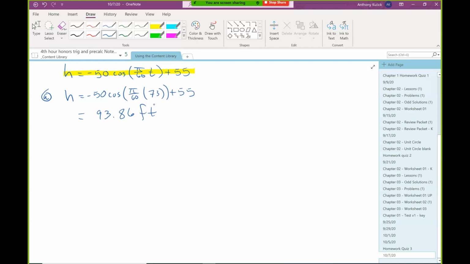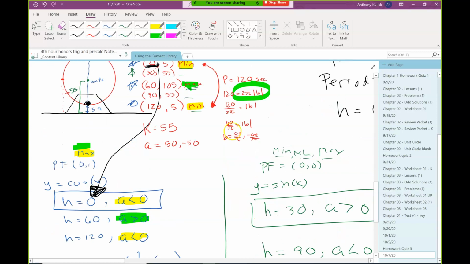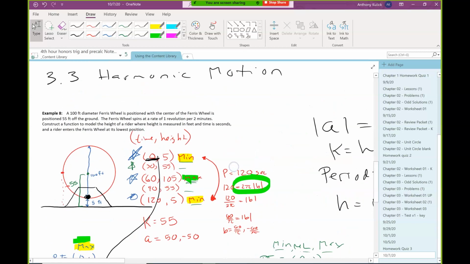Does that seem like a reasonable answer? Let's go back and look at some of the analysis that we did before. So after 73 seconds, we're going to be somewhere over here, right? Do we have a number that's between 55 and 105?